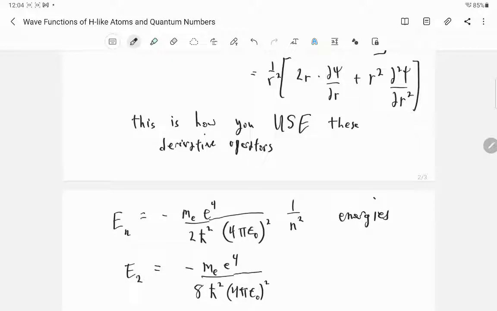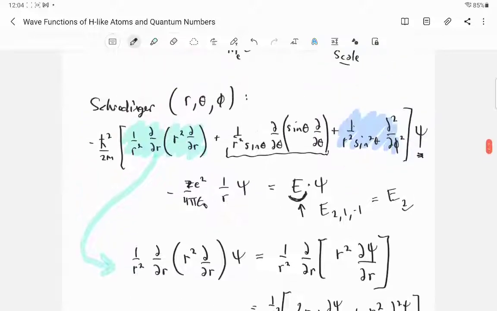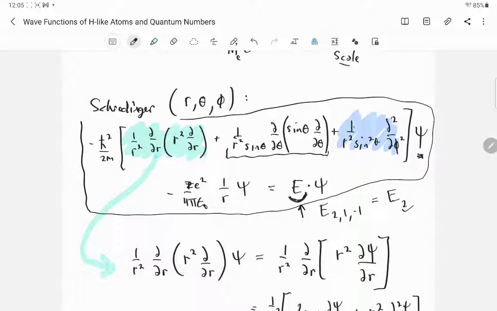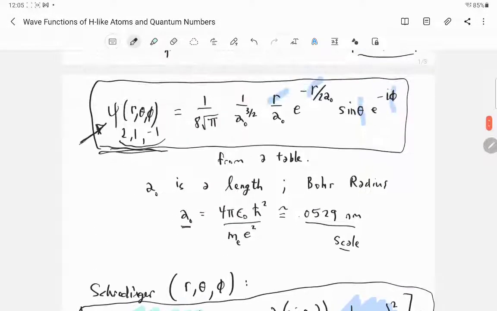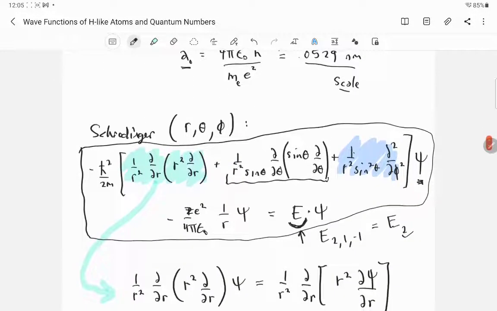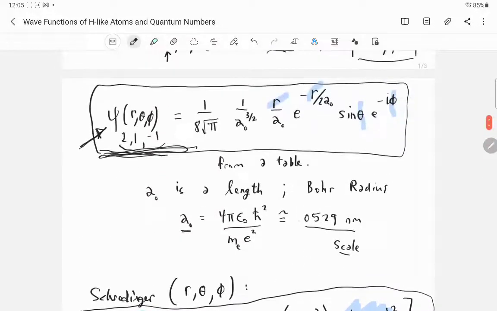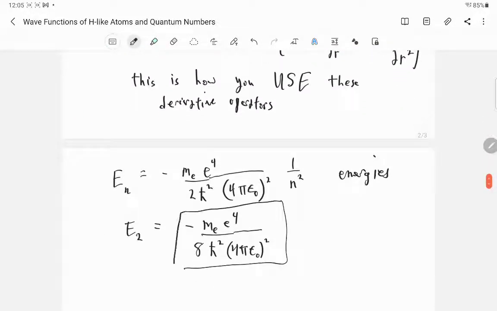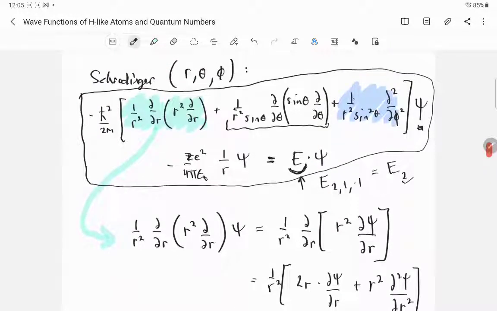And what I think would be really cool for you to do right after you finish this video is go and make sure that if you take the Schrodinger equation and you take this answer, which is an n equals 2 answer, that when you do everything on the left-hand side of this equal sign, you're going to find your wave function multiplied by E sub 2.